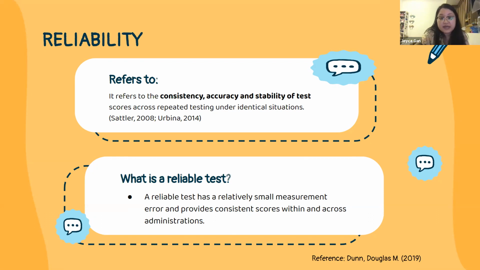A reliable test has a relatively small measurement error and provides consistent scores within and across administrations. The reliability of the PPVT was evaluated using internal consistency, alternate form stability, and test-retest stability. For our presentation, we'll be focusing on internal consistency and test-retest stability.